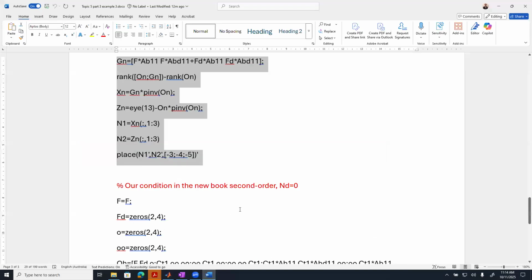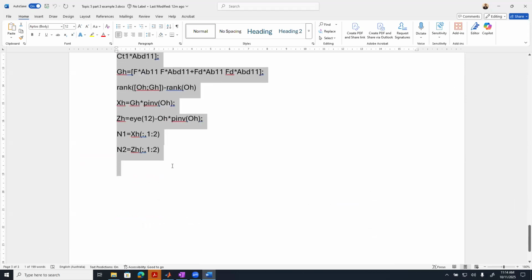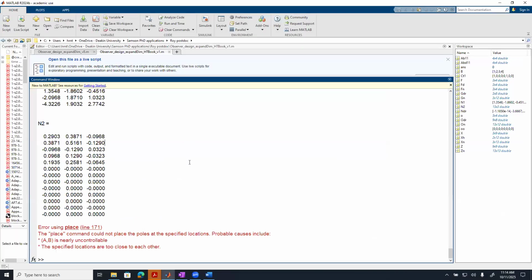So here is what is happening. If we apply our new condition in the new book for the case where that one is 0, of course, FD is also 0, F is the same one, and the condition is still there. We also have the same problem.